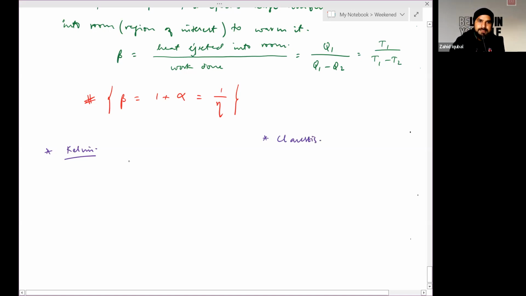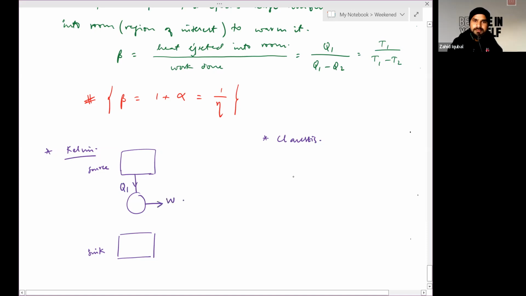Let's say this is source at high temperature, lower temperature. So heat is being absorbed from it and its sole process to convert into work done.